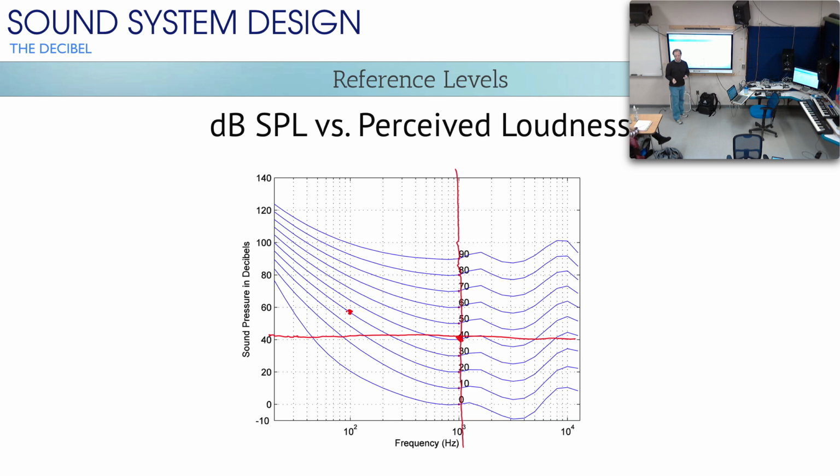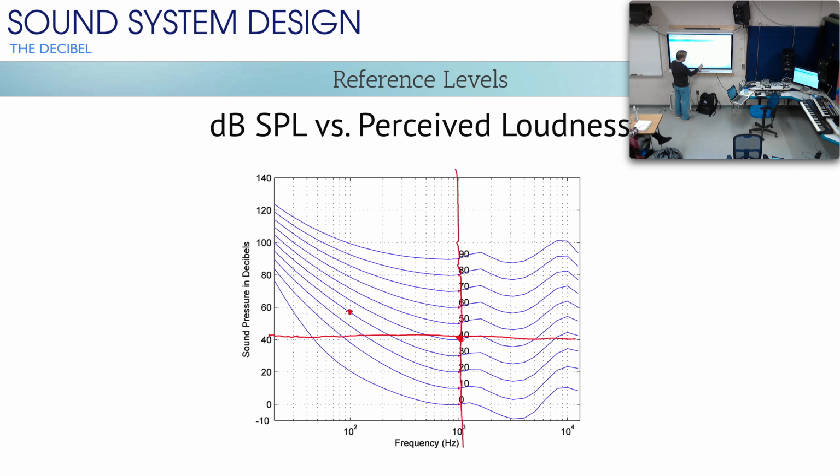Another thing that's interesting about this is the reason we have multiple curvy blue lines here is that the sensitivity differences are variable depending on loudness. As things get quieter, the sensitivity changes get more dramatic.